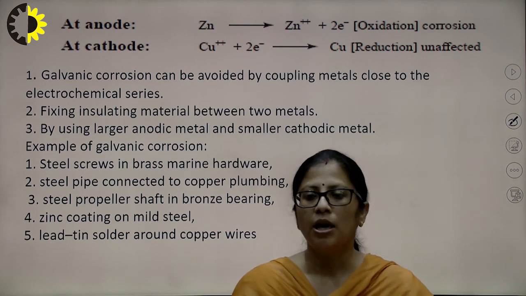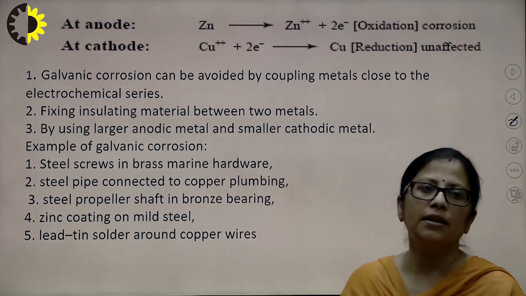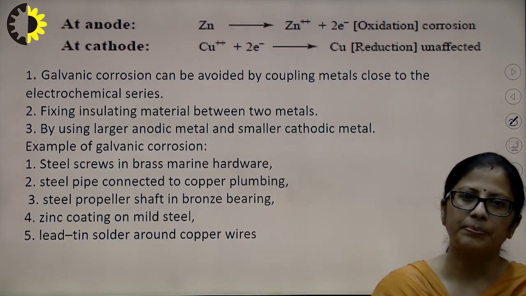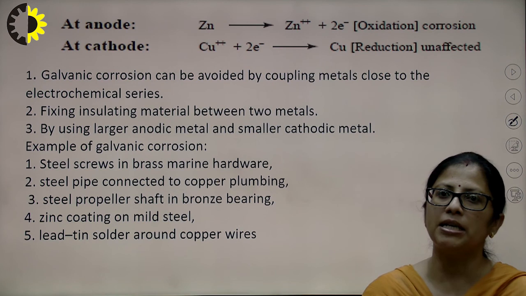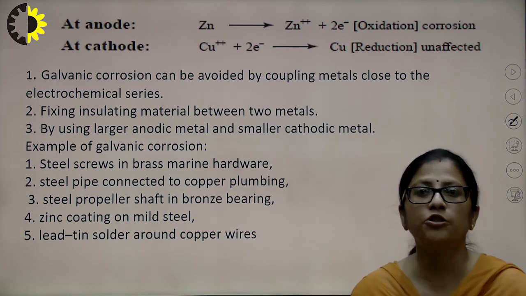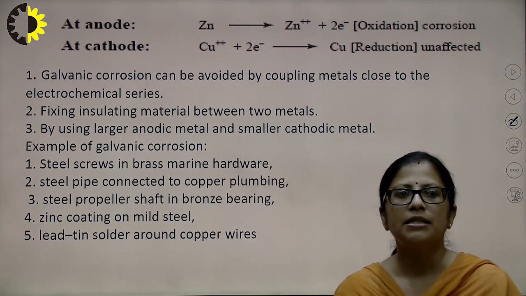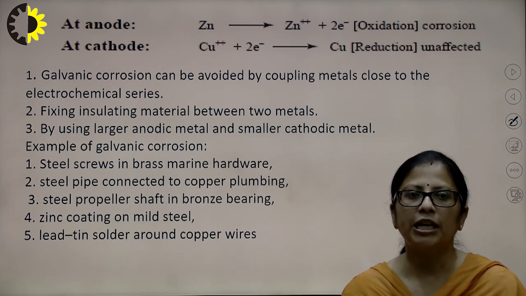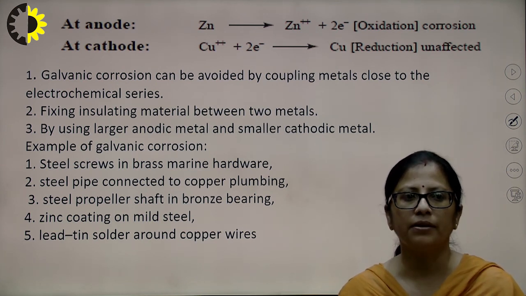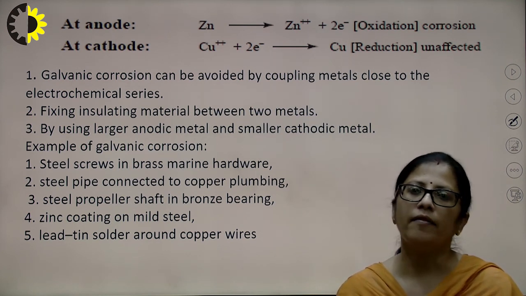We should not form a couple between very different metals, or we can fix an insulating material between the two metals, and we can use a larger anodic metal and smaller cathodic metal, such that the requirement of electrons is less. Examples of galvanic corrosion are steel screws in brass marine hardware, steel pipes connected to copper plumbing, steel propeller shaft in bronze bearing, zinc coating on mild steel, and lead-tin solder around copper wires.